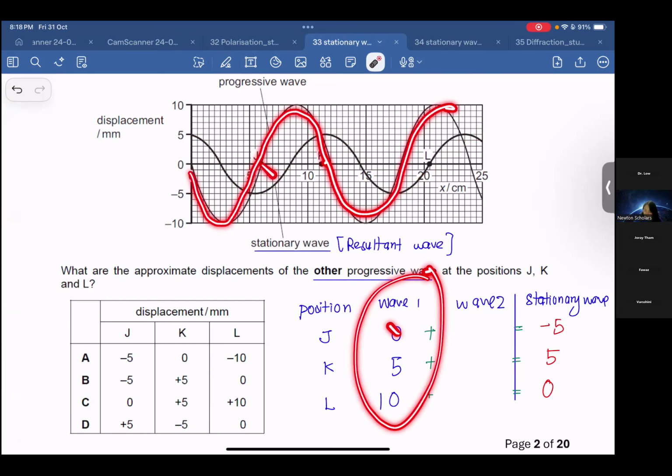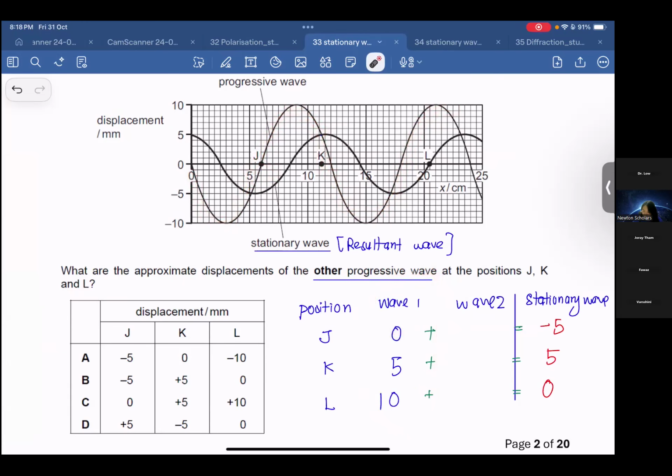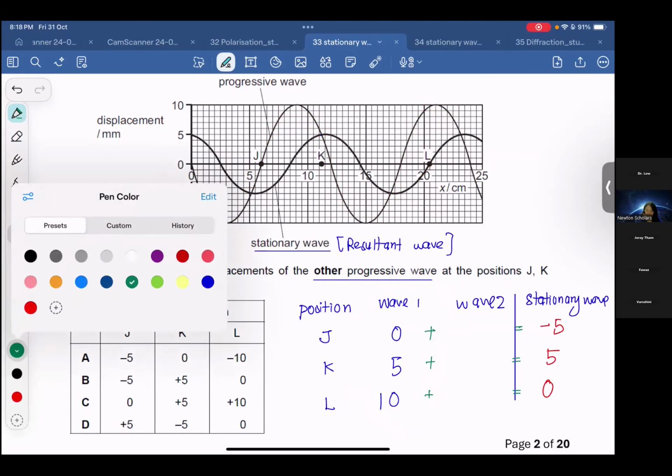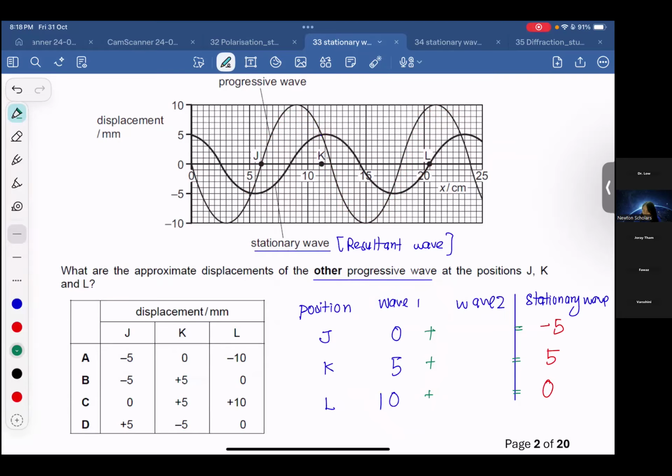So for wave 1, you have to follow the thinner line at that position. What is the amplitude? 0. Then what is the amplitude at K? At K, it's 5. What is the amplitude for L? This point is 10. So in the end, your answer should be, as a lot of you already did, -5, 0, -10.